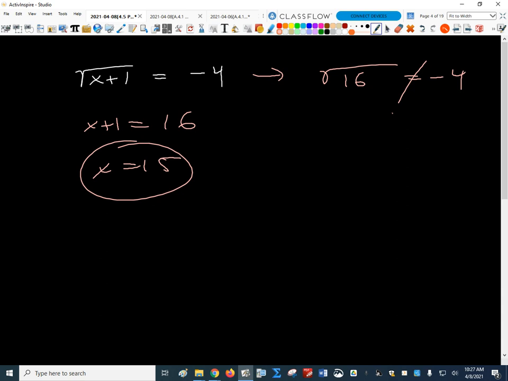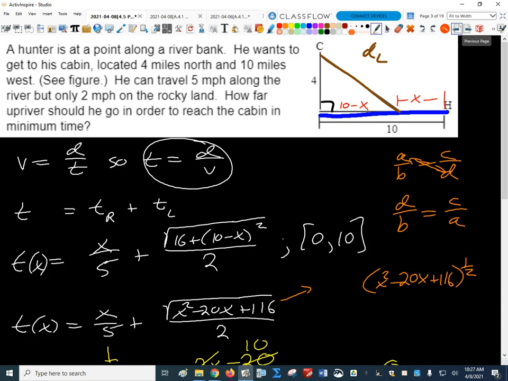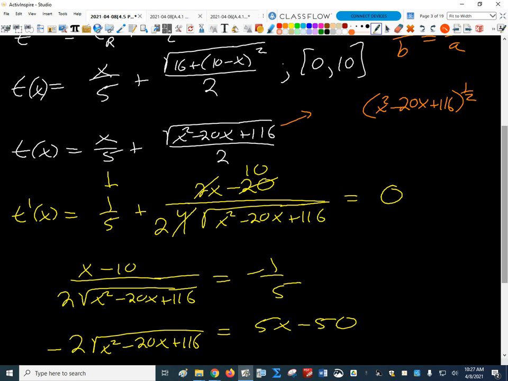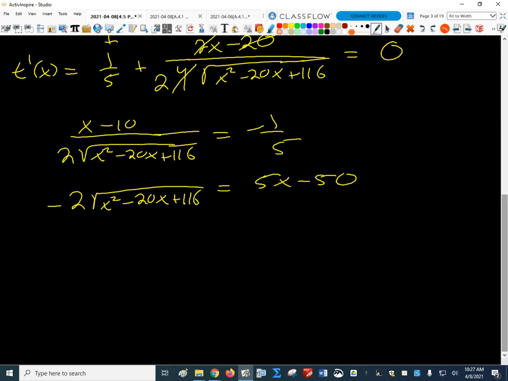By checking our answers, we mean that we're going to evaluate the function before we squared both sides and see that they work before we took that step, okay? All right, so now if I square both sides, I can square the -2, so I get 4 times the quantity x squared minus 20x plus 116 equals, if I square that out, why don't I pull the 5 out front?